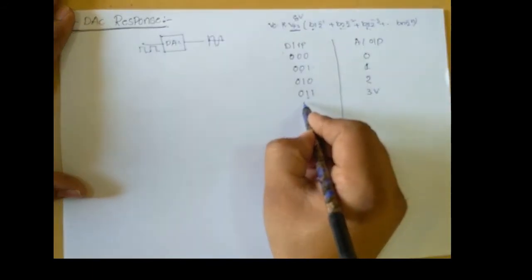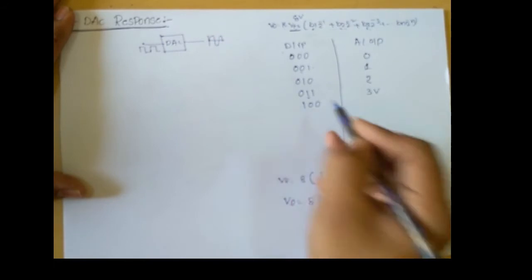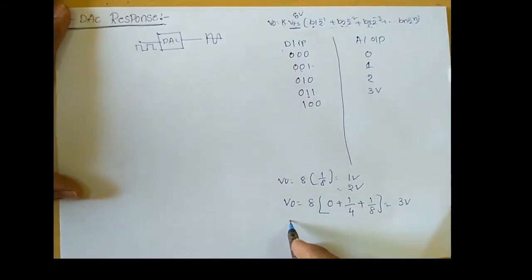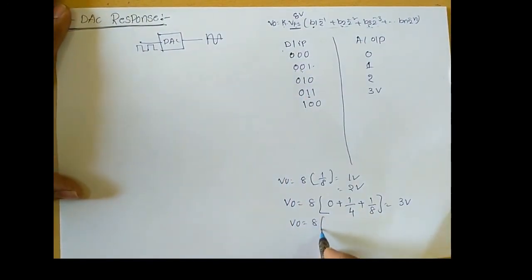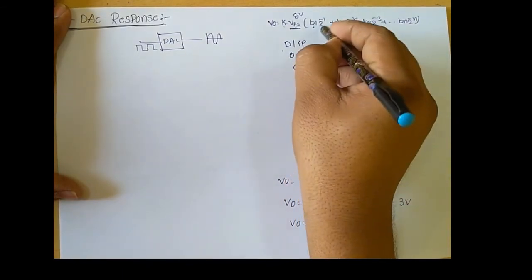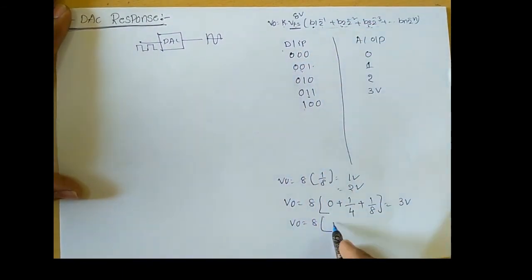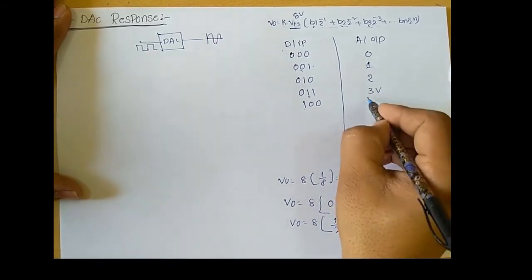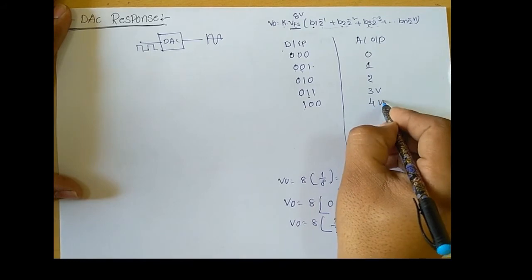Similarly, we consider another digital input, 100. At that time we get the output equal to 8 times, with respect to the B1 bit, the value 1 by 2, and the other two values are 0, so the output is 4 volts.